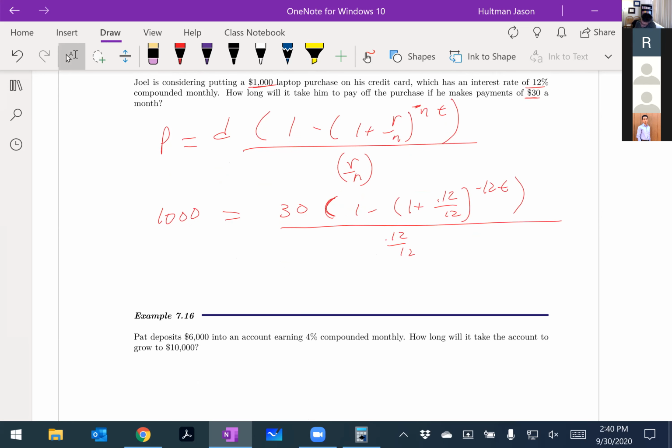Again, I want to solve for t. Everything else is pretty much good except for this t value here. So how can I do that?